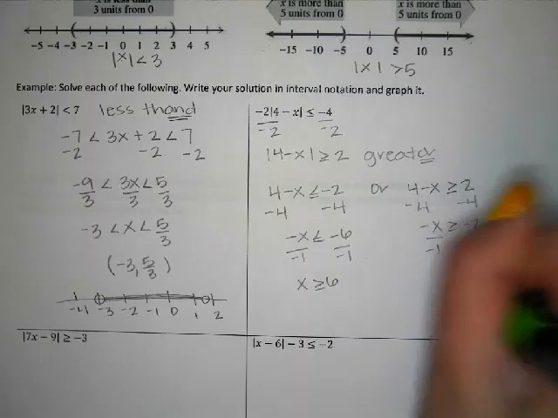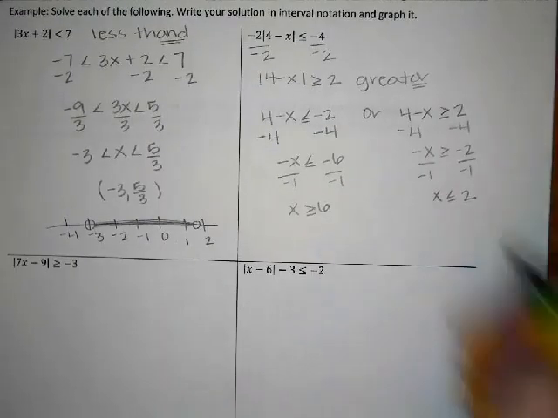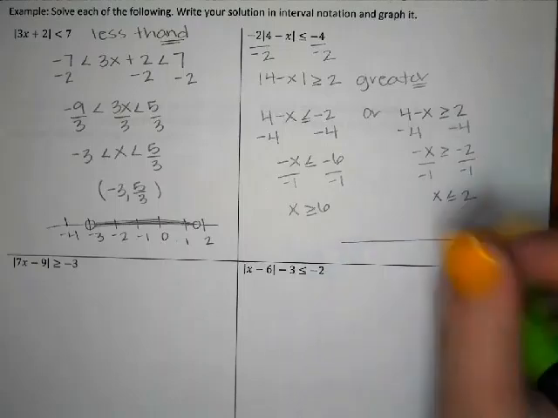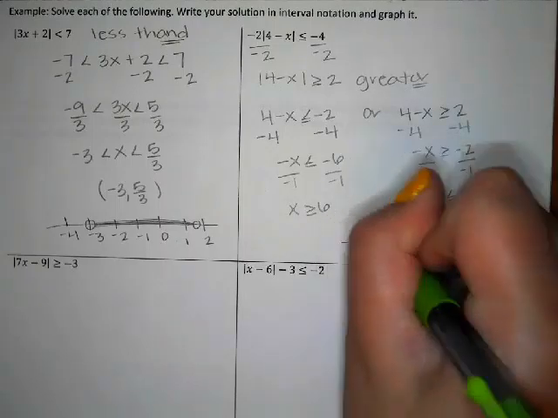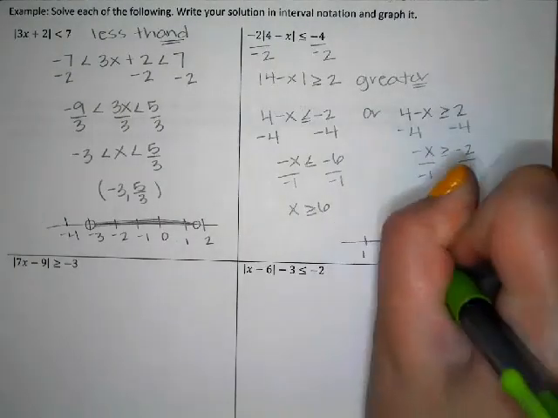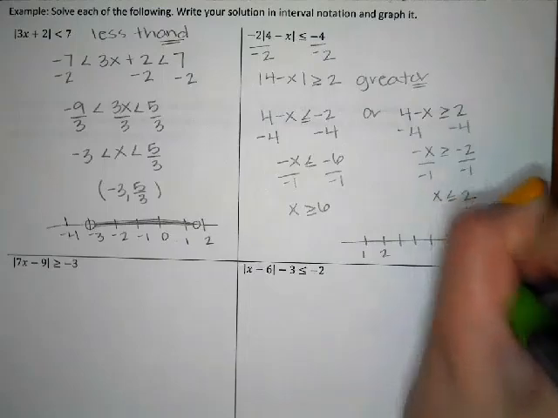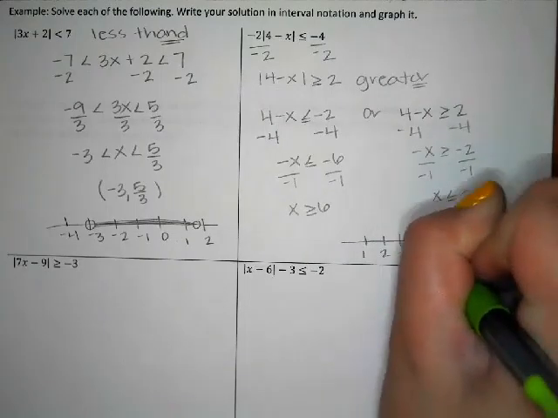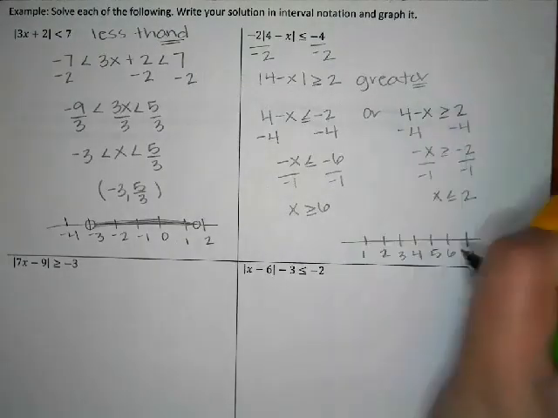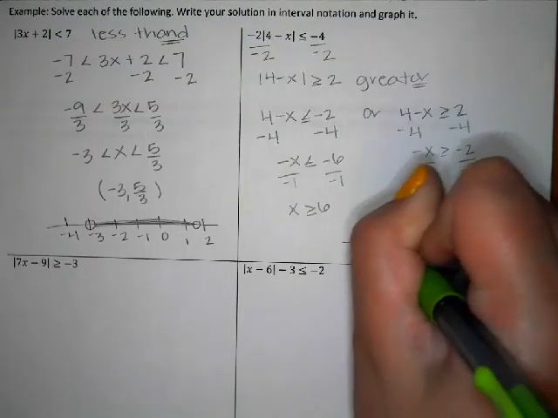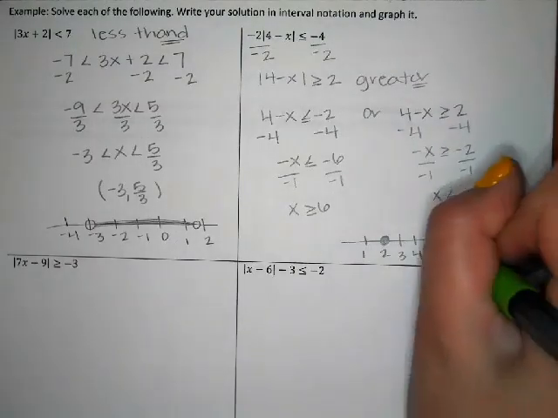X is less than or equal to 2. So we can equal 2, it can equal 6. This is an or, okay.